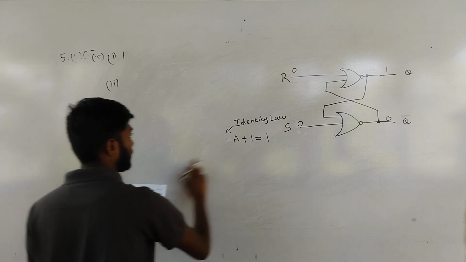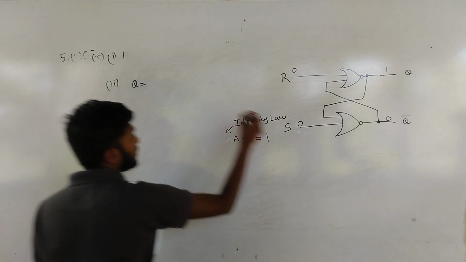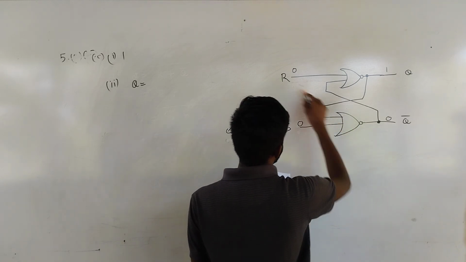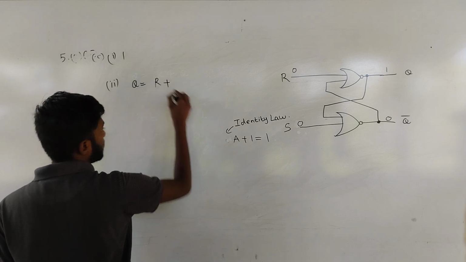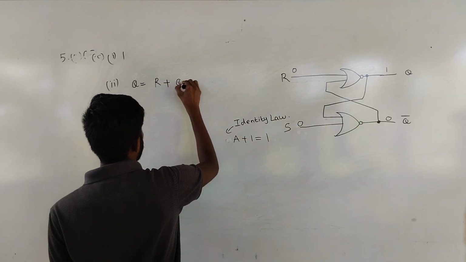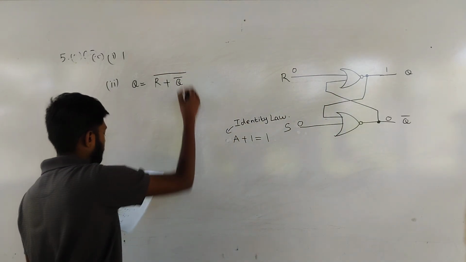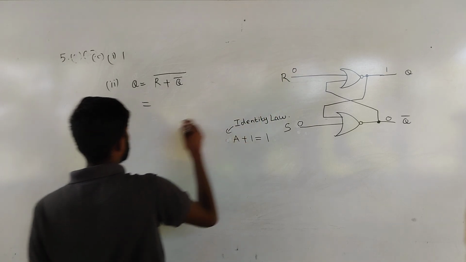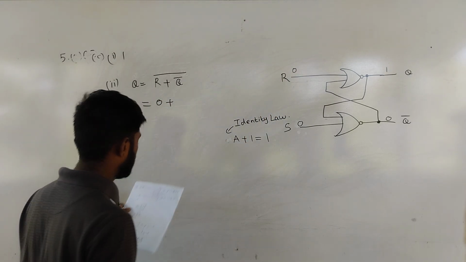So they are asking to find your Q. So how is Q formed? Look here. Q is formed using R plus Q bar. But this is not OR gate, this is NOR gate, so put a bar at top. So you know R previously it was 0, so now also it is 0, plus Q bar.